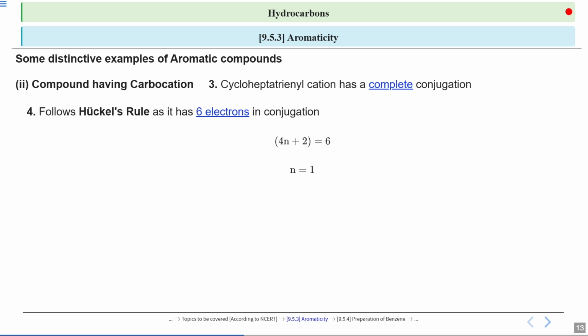If we set 4n plus 2 equal to 6, we find the value of n as 1, which fits the rule, and it confirms the aromatic nature of cycloheptatrienyl. Okay, so for summarization, we can say that cycloheptatrienyl is cyclic, planar, conjugated, and follows Huckel's rule.